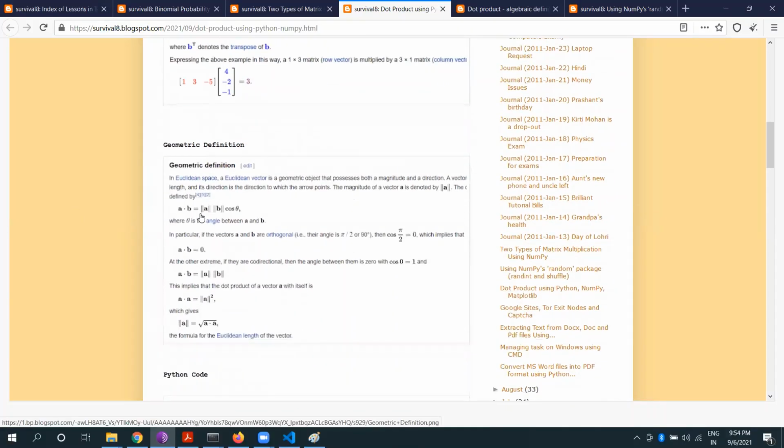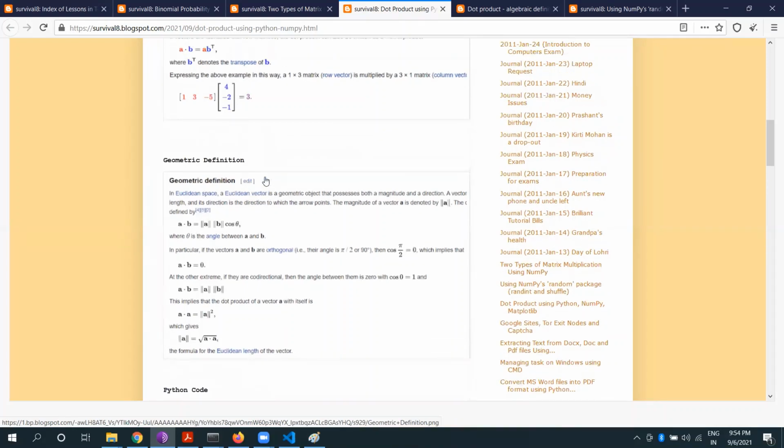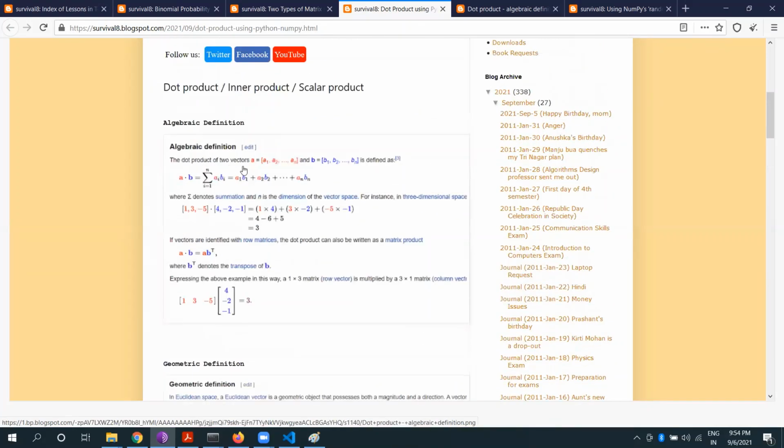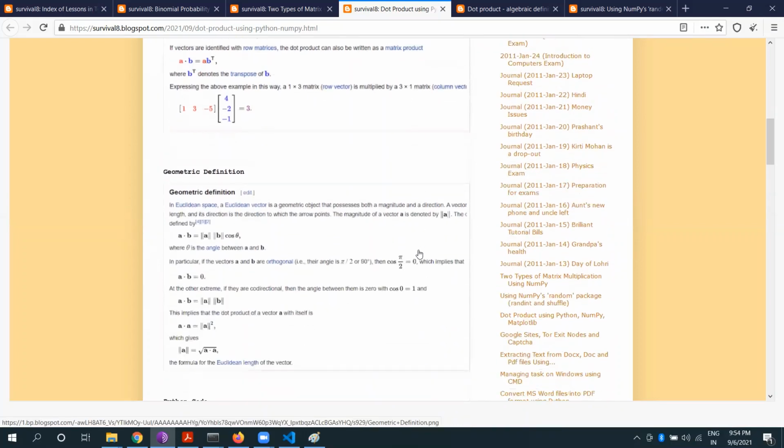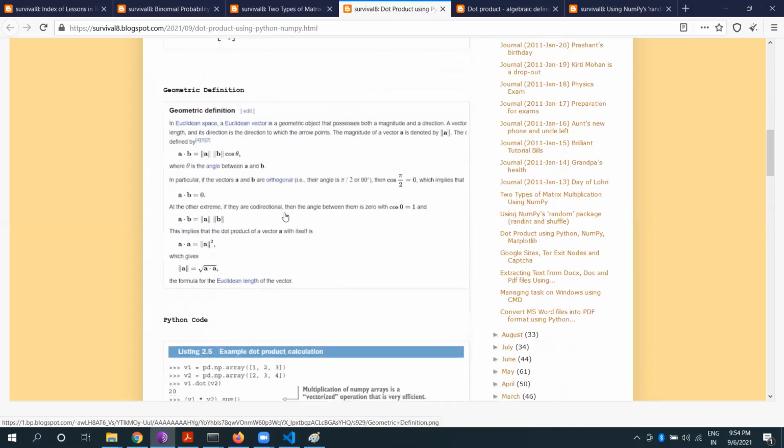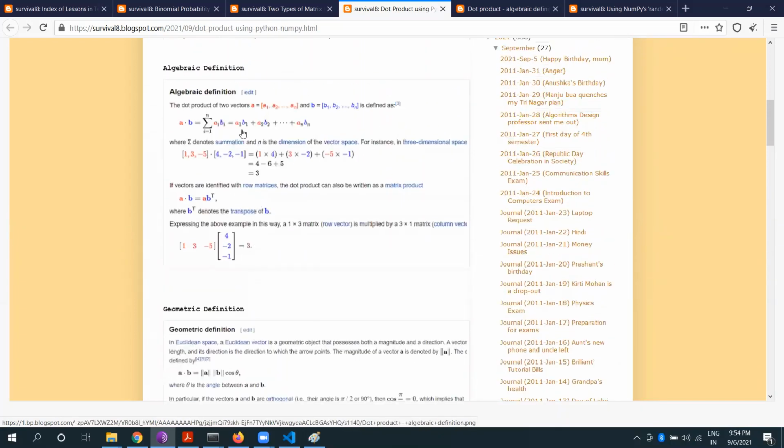If we say A dot B, then this is modulus of A modulus of B cos theta. This is also the dot product in vectors. It is saying vector over here, and probably it should be saying matrices. Vectors are identified with row matrices. These are interrelated concepts, so we should not try to separate them or confuse them.